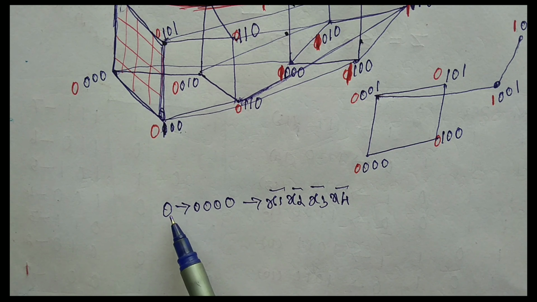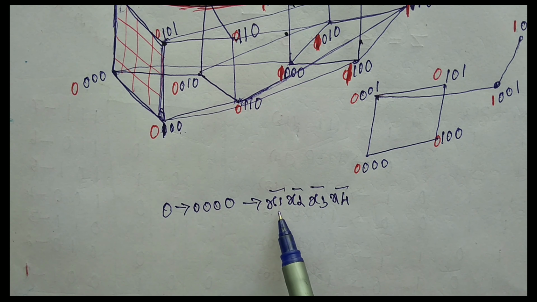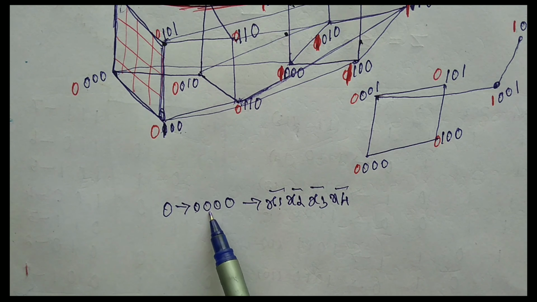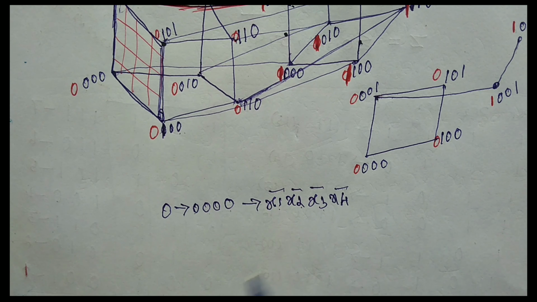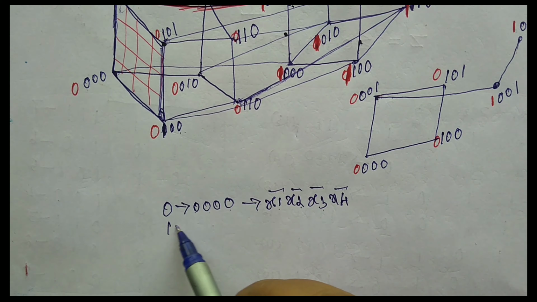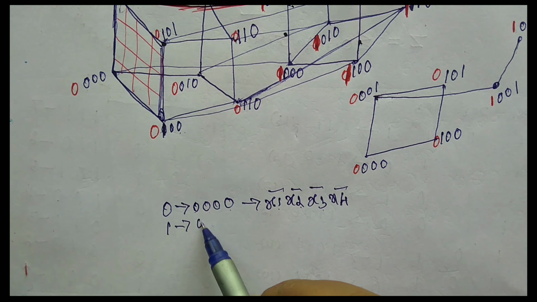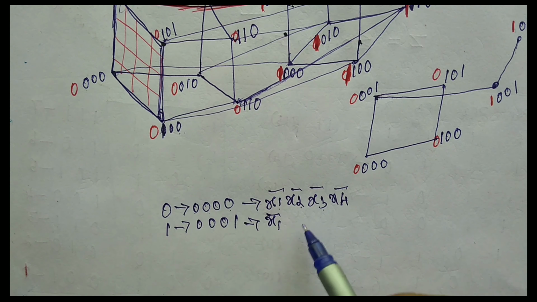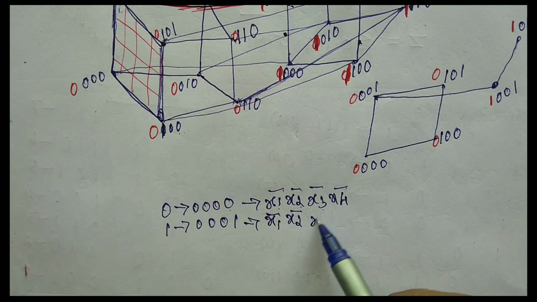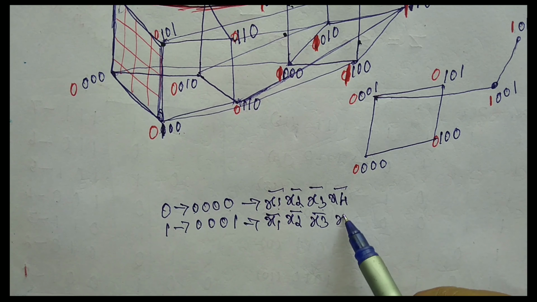Because for 0, we put x1 bar. Because first one x1, second x2, x3, x4. So x1 bar, x2 bar, x3 bar, x4. Then 1, that is 0, 0, 0, 1, that is x1 bar, x2 bar, x3 bar, that is x4.